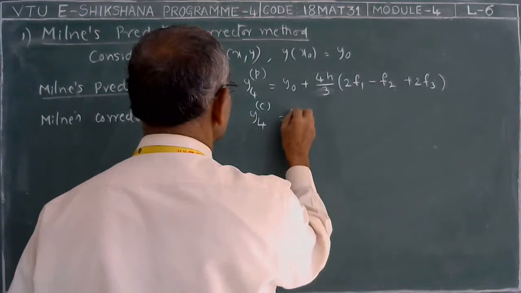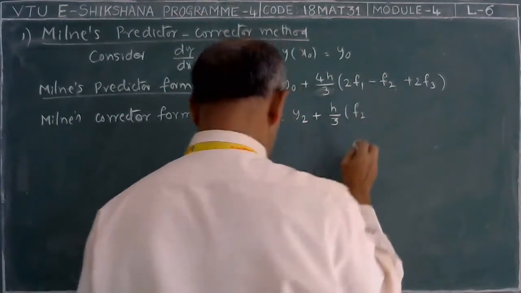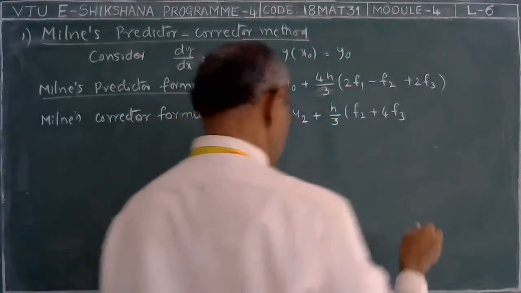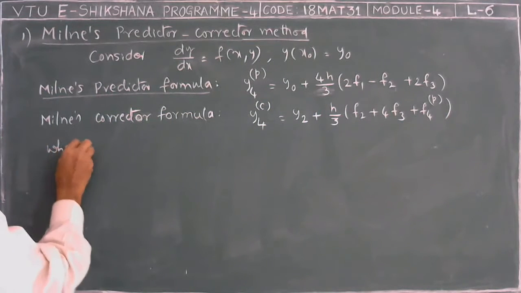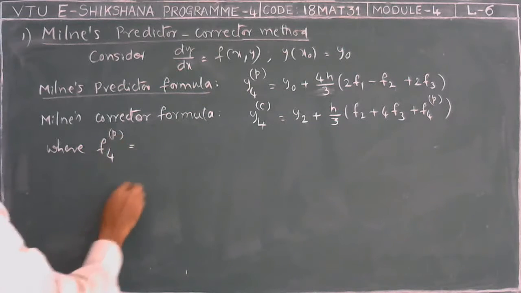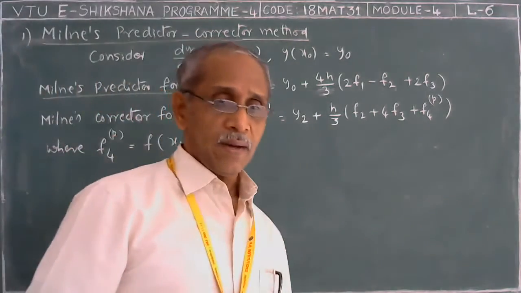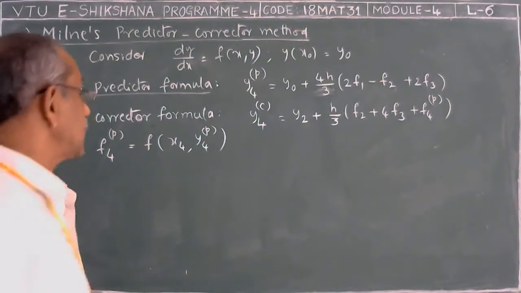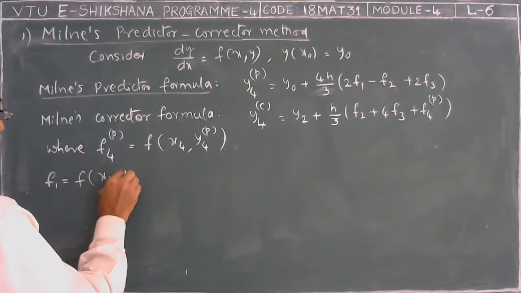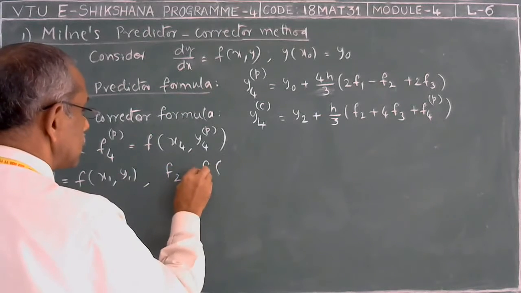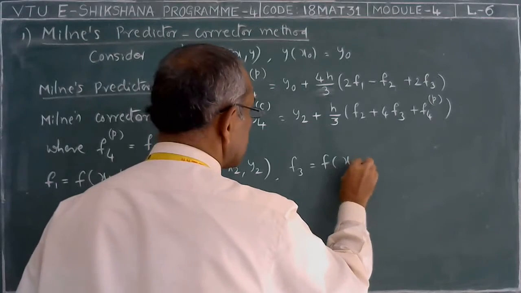Corrector formula: y4C is equal to y2 plus h by 3 into f2 plus 4 f3 plus f4P, where f4P is f of x4 comma y4P, and f1 is f of x1 comma y1, f2 is f of x2 comma y2, and f3 is f of x3 comma y3.